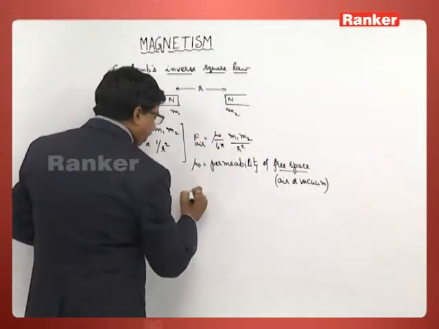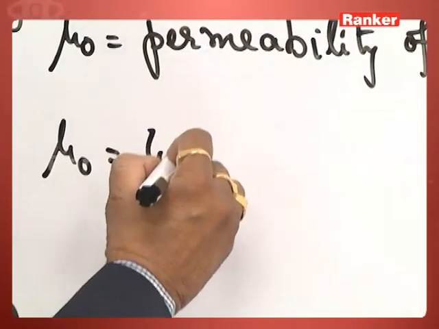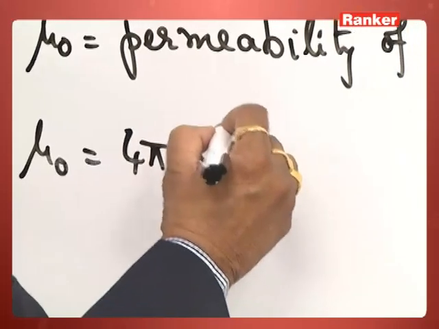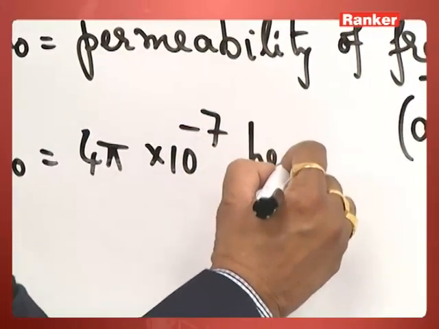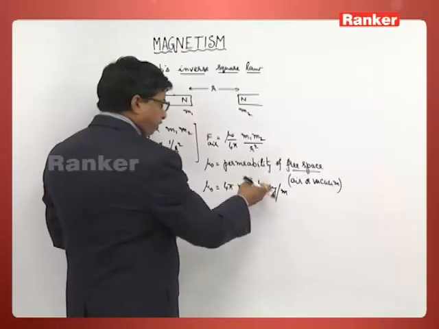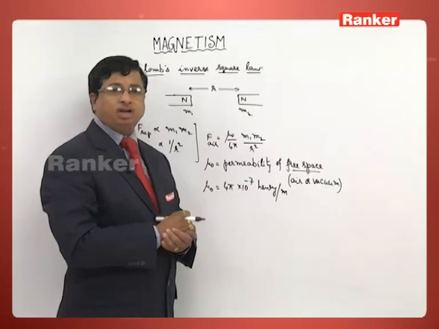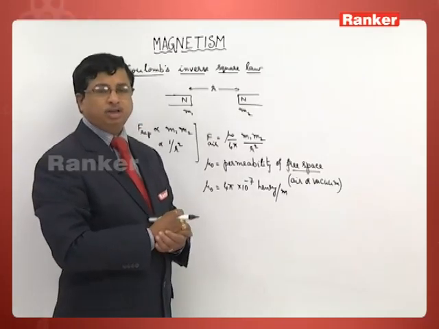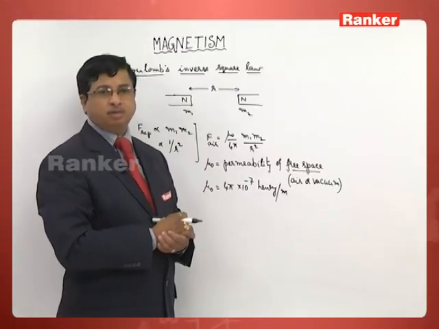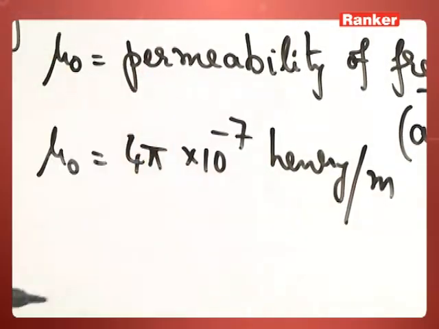What is its value for free space? 4 pi into 10 power minus 7 Henry per meter. What does 1 Henry mean? It is nothing other than volt second per ampere, in other words ohm second. So the unit is Henry per meter. This is the value of mu naught.